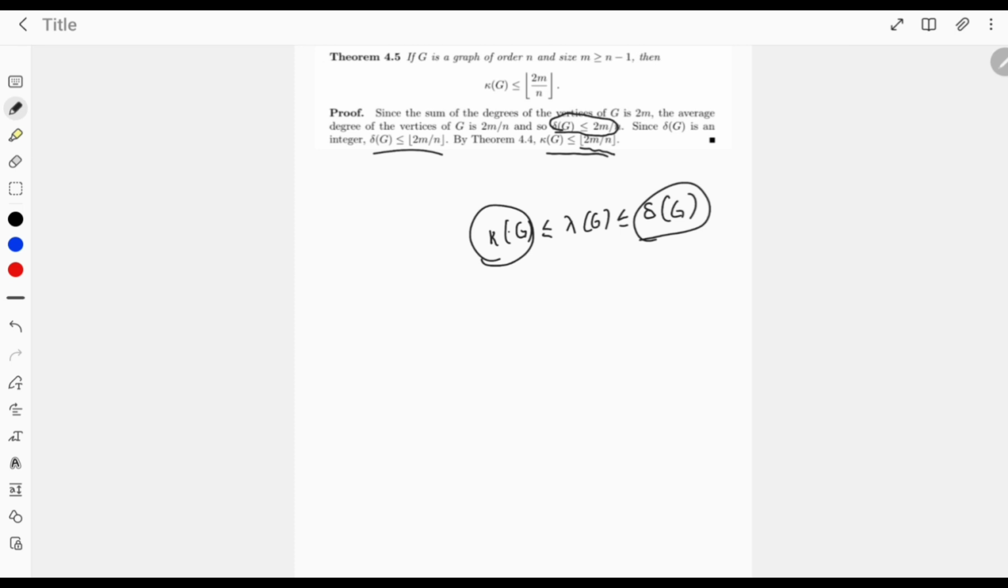Okay, let's have an example. So n minus 1, the order of m, suppose we have 4 vertices, so it should be connected.